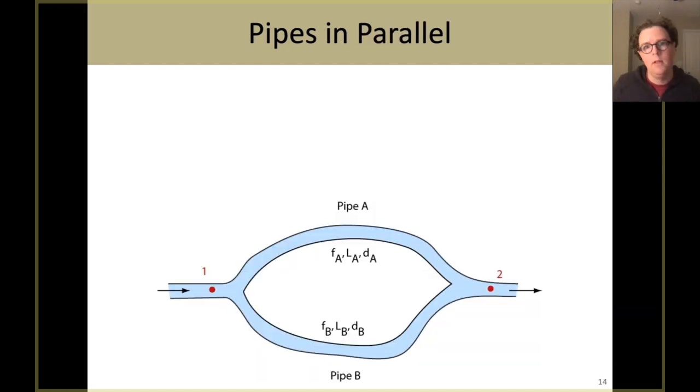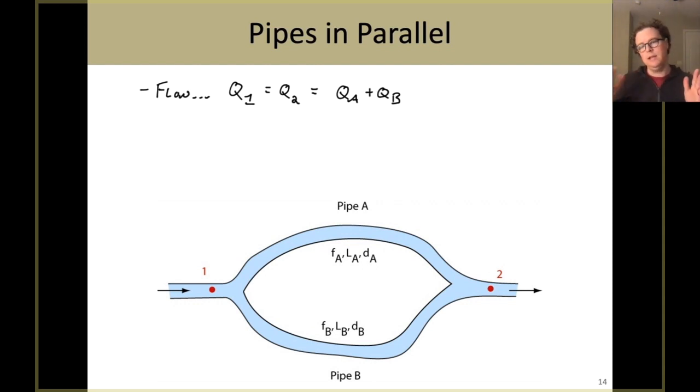All right. The other condition we might have is pipes in parallel. So for whatever reason, our flow diverges into two or more parallel threads of pipe that later converge together. And now in this case, fluid does something pretty interesting. The flow rate does not have to be equal. So the total amount of flow, whatever was at point 1 and whatever is at point 2, those have to be equal.